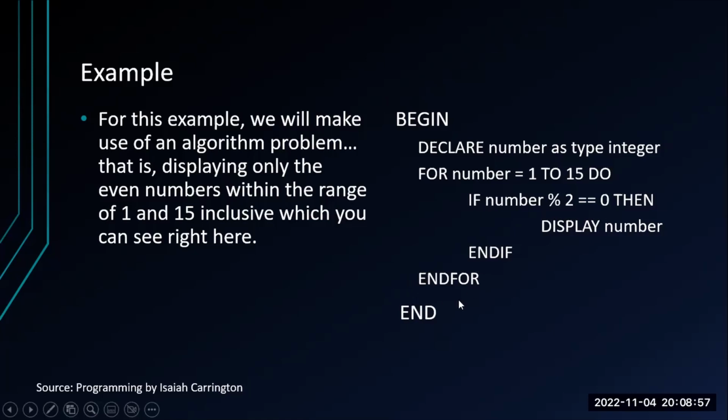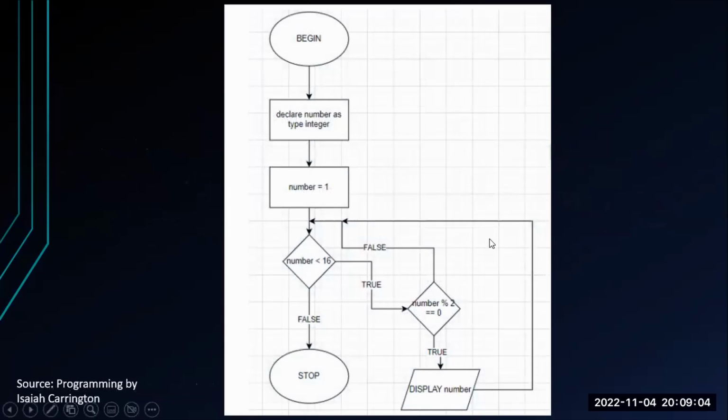So how this algorithm would be represented as a flow chart, you would have your oval showing begin, where the algorithm begins. And then here's your flow line.